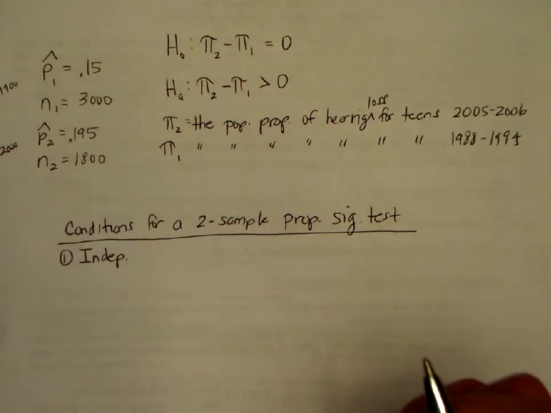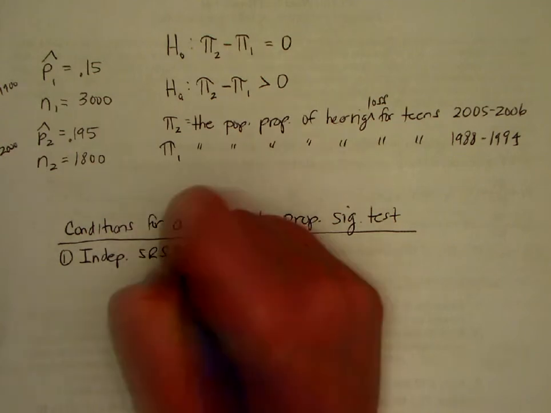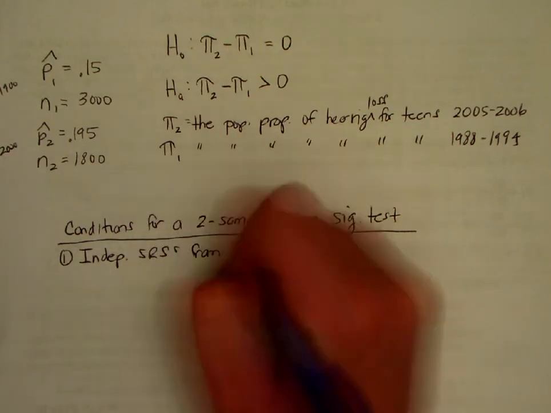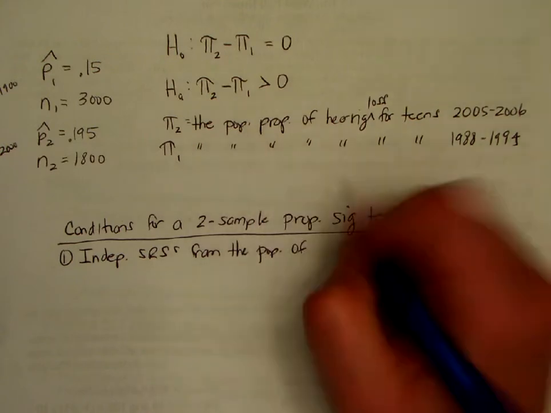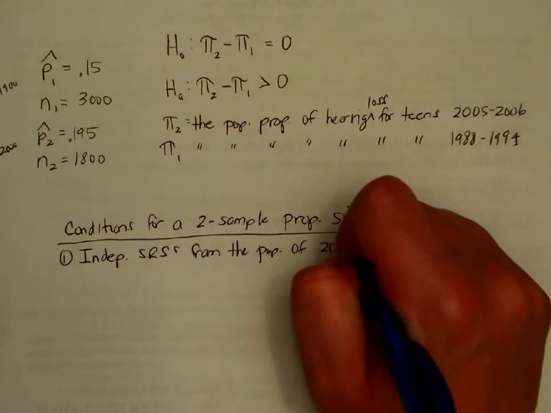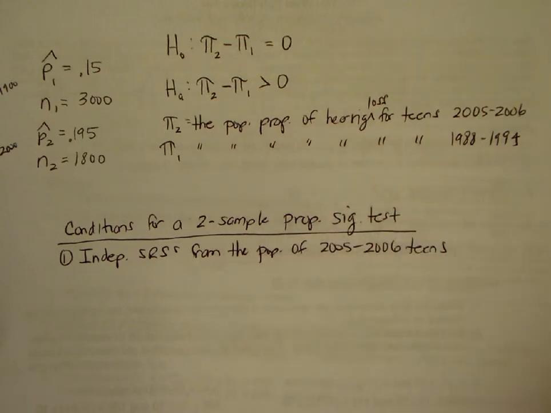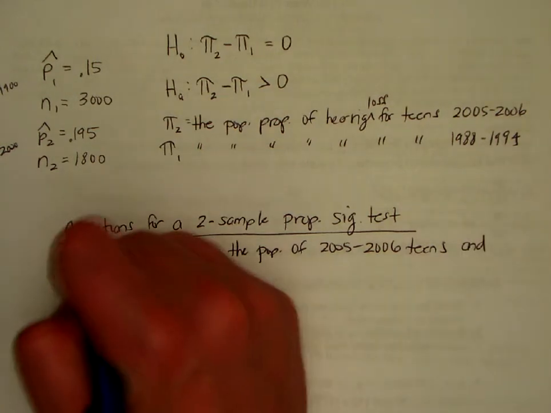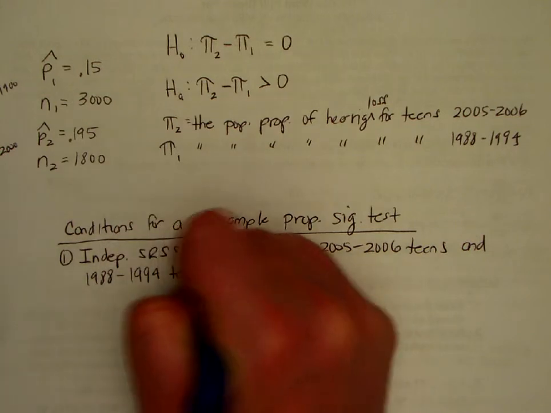We need them to be independent, simple random samples from the population of 2005, 2006 teens and 1988 to 1994 teens.